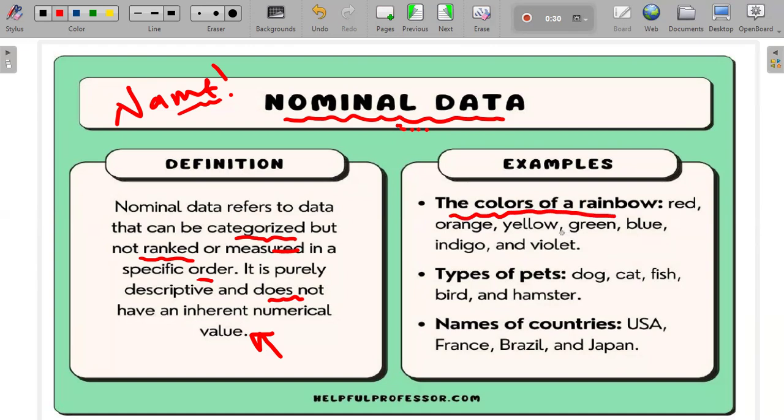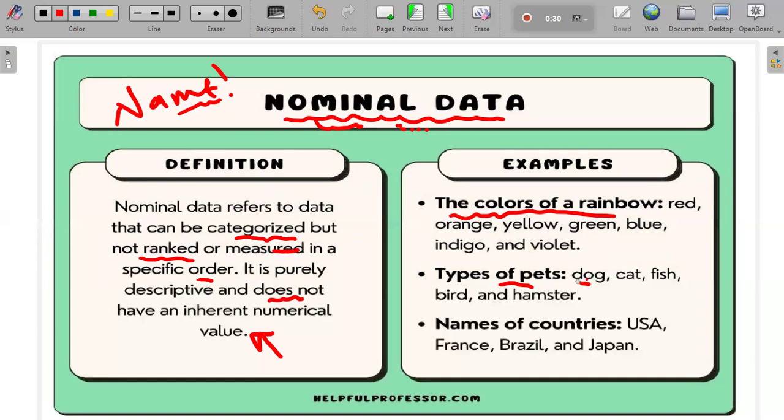You can say there's red, there's orange, there's yellow, there's blue, but your categorization does not show any order. We can't say that red is above blue, no. So we're just mentioning the colors of the rainbow. There's no order when you talk about nominal data. Another example can be the types of pets.